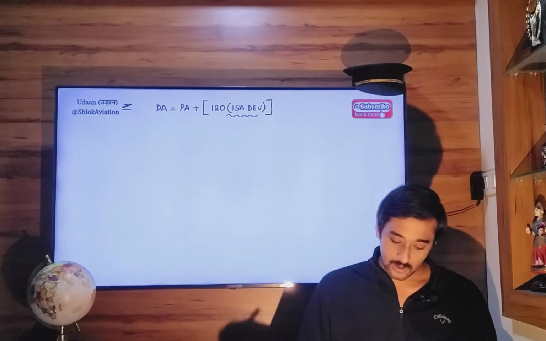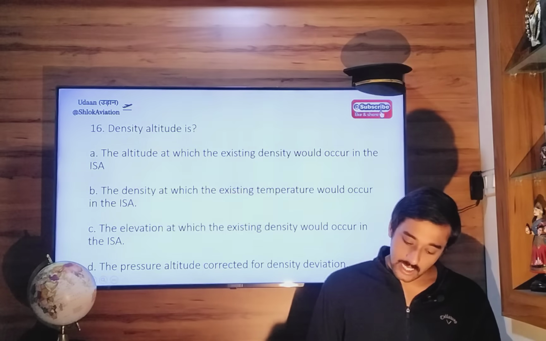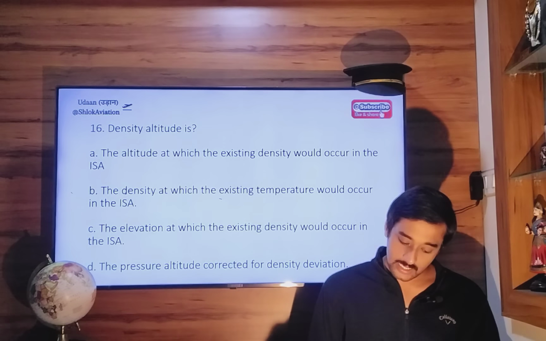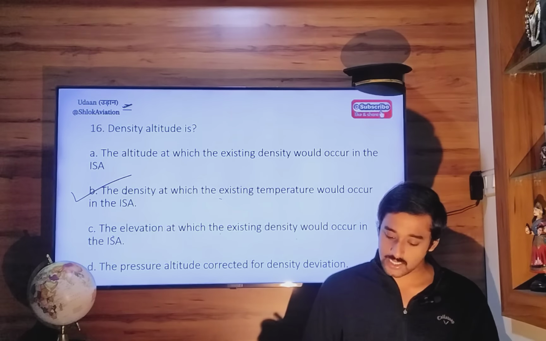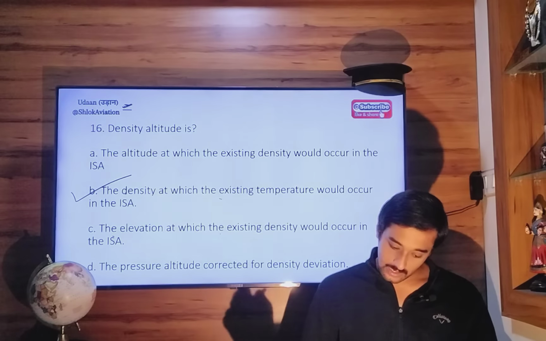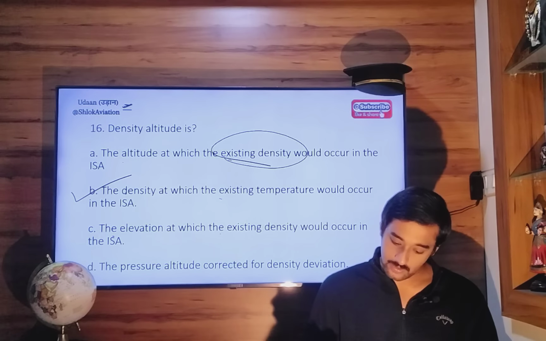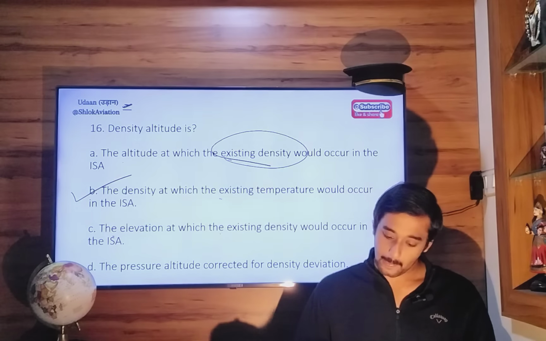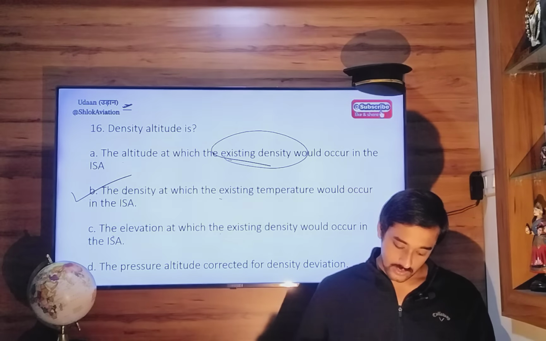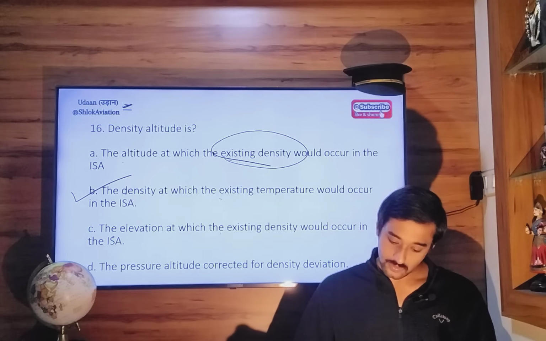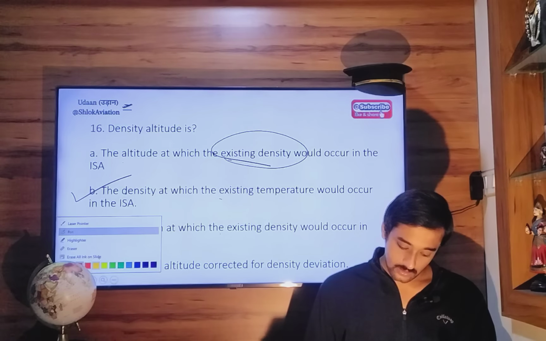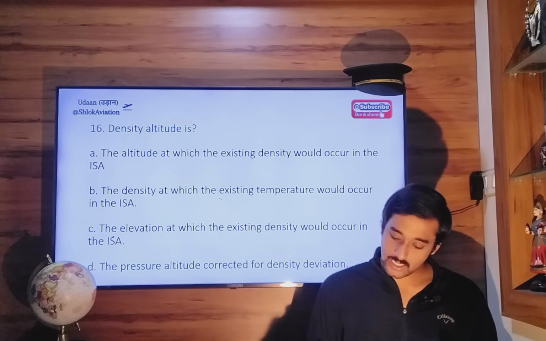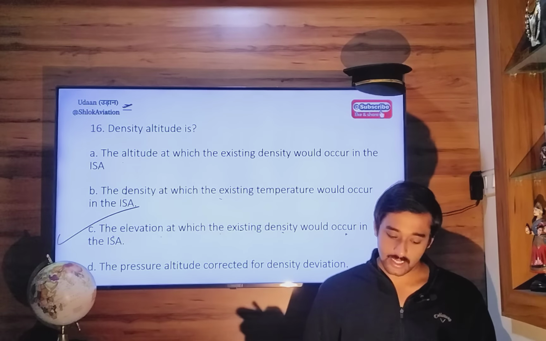So the correct answer is: the elevation at which the existing density would occur in the ISA.